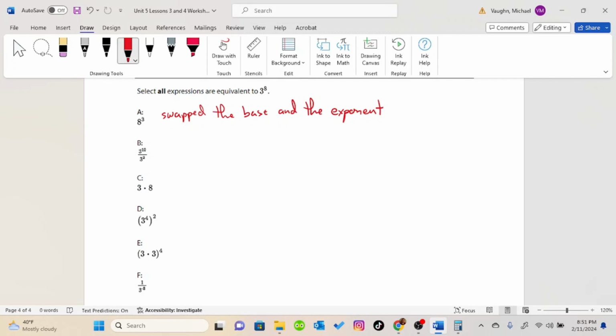When we divide with the same base, we subtract the exponents. So this becomes 3 to the 10 minus 2, which equals 3 to the 8th, and that matches what we're looking for. So B is a correct answer. C is incorrect because it turned this into multiplication instead of an exponent.